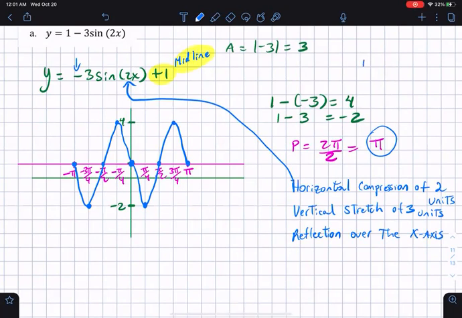And remember, if you want to follow an order or something, you can say B, C, A, D, right? That's the order, right? B first, then C. This is what I mean: A sine B x plus C, plus D, right? So that you can follow the order.